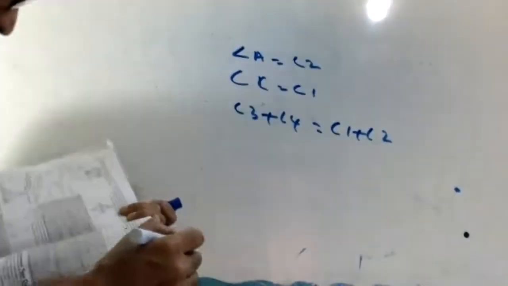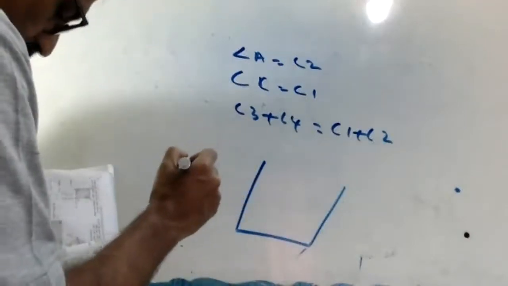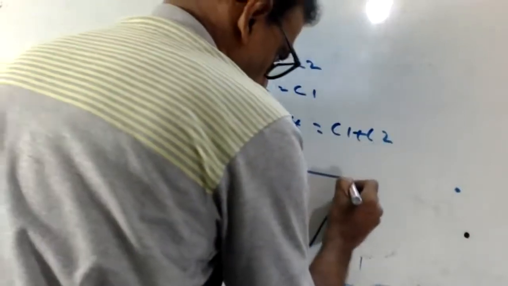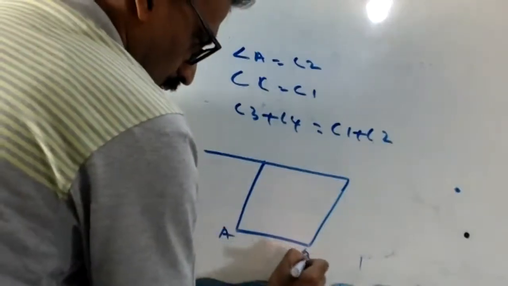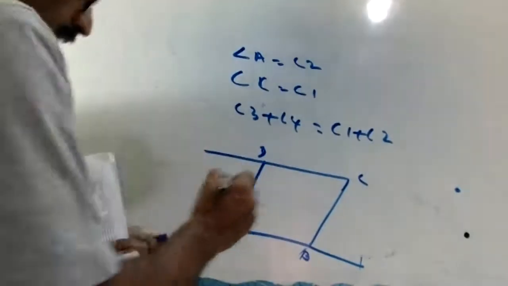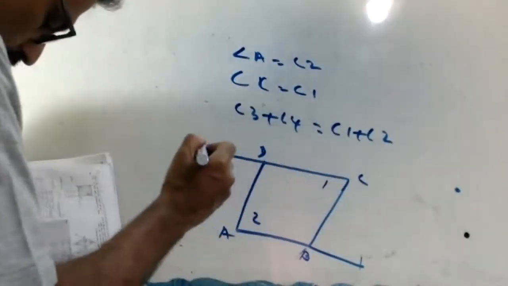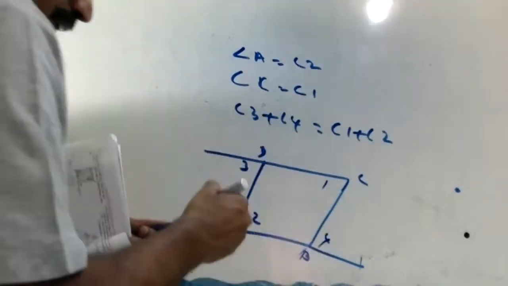Okay, figure is here. A, B, C, D. Here 1, here 2, this is 3, here is 4. Okay, this is a figure.